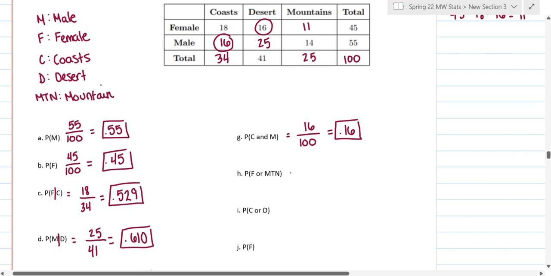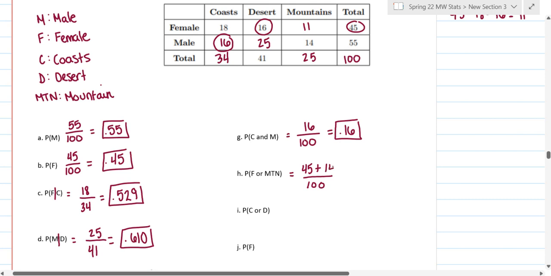Okay, then or, female or mountain. So I'm going to go ahead and pull a name out of the hat, and it could either be female or mountain. So it's out of 100. Here I would do total number of females. So 18, 16, and 11, so 45. Plus any men that also like mountains, because those could be included there as well.